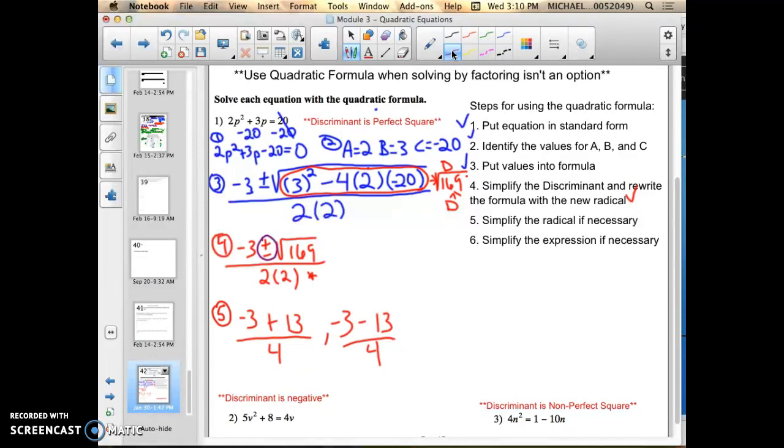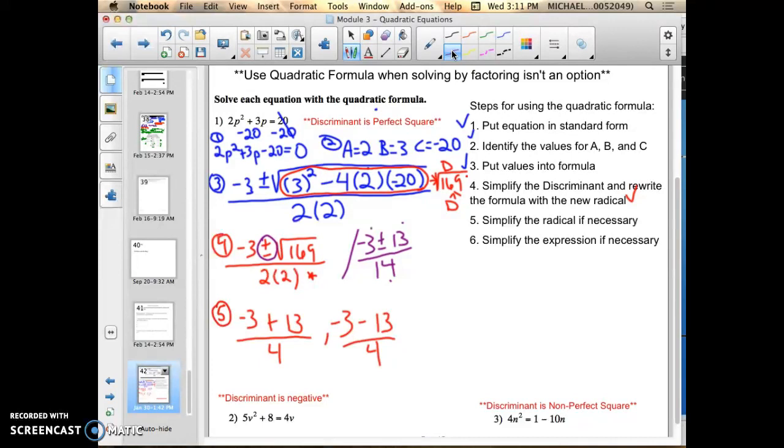Because you can technically write it like this as well. Negative 3 plus or minus 13 over 4. But if you notice, there are 2 pathways to take now. Because these are all whole numbers, boom, boom, and boom, you can actually do this math, all right? So this is step 5 for this one, and this is how every quadratic formula problem will work if the discriminant is a perfect square.